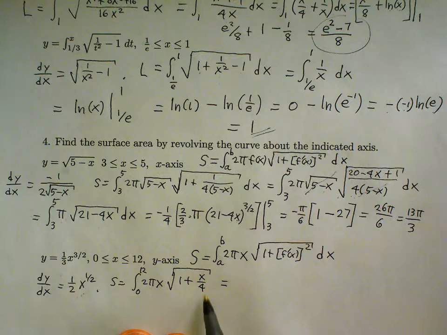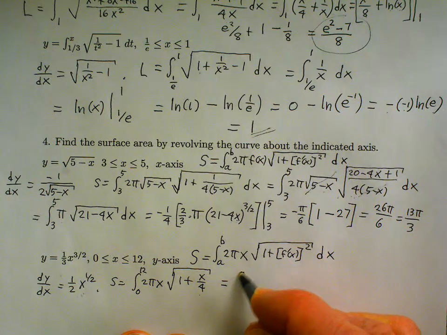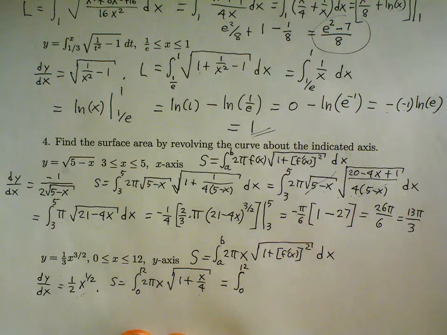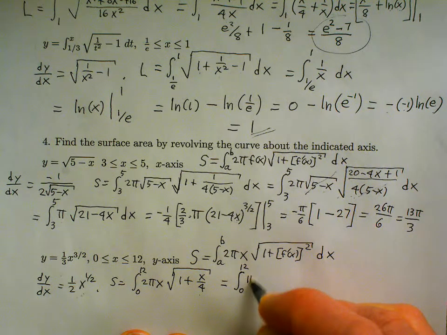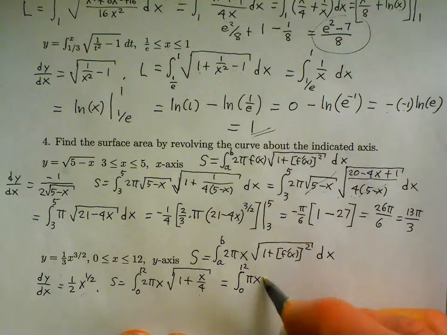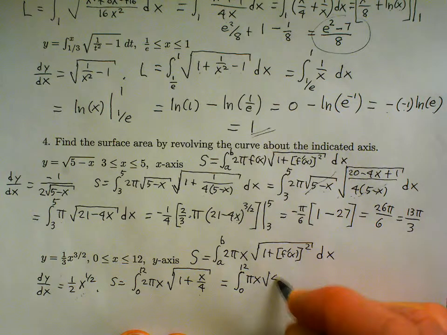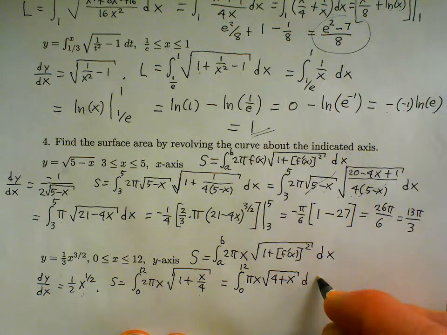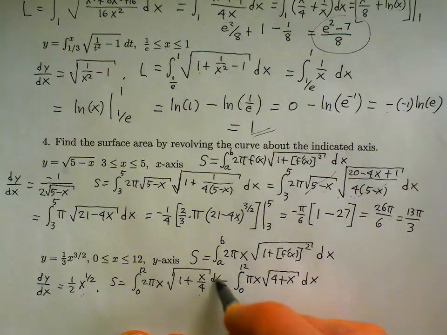If we have a common denominator of 4 inside the square root, the square root of 4 in the denominator is 1/2, and 1/2 times 2 is 1. So this can be written as the integral from 0 to 12 of pi times x times the square root of 4 plus x dx. I forgot the dx over here.